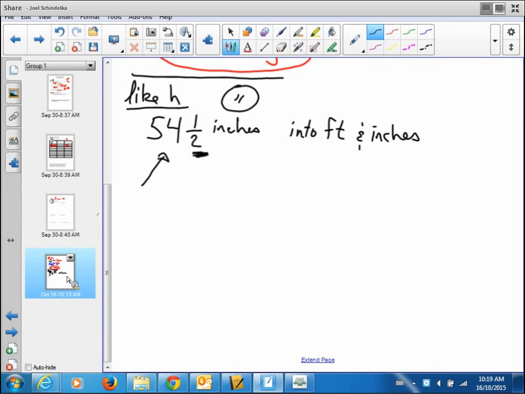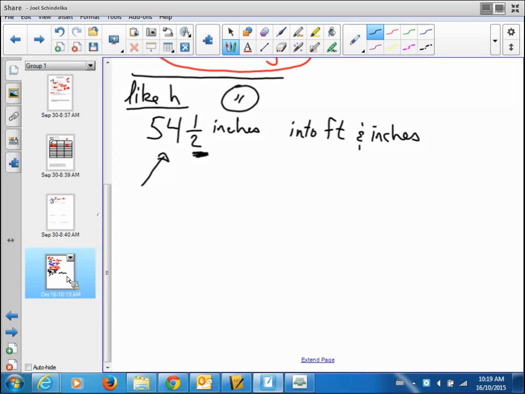For this kind, you got to think how many groups of 12 fit in there. And you could just count it, 12, okay, 24, 36, 48. After that, we get to 60, so we can fit 4 groups of 12 inches in there.